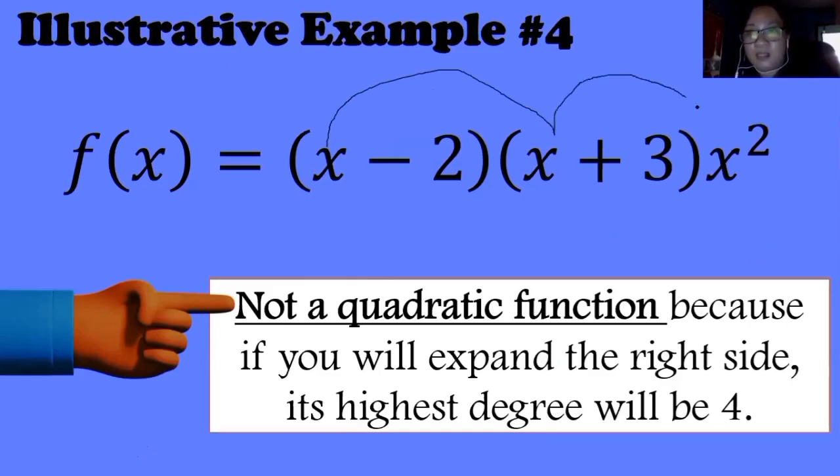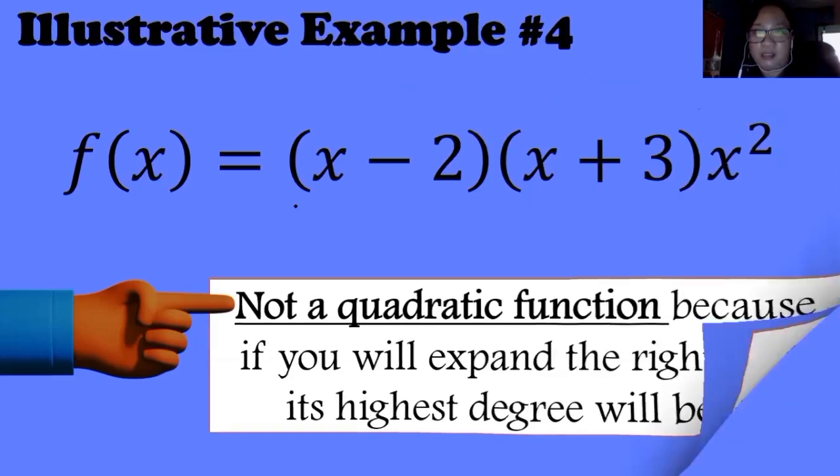And multiply it as well by x squared, and you'll have x raised to 4. Okay? So I hope that clears up that this is not a quadratic function, though you see a square here, because you have to remove the parentheses before this one is considered a function or an equation. We have to remove the parentheses.